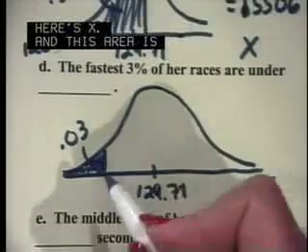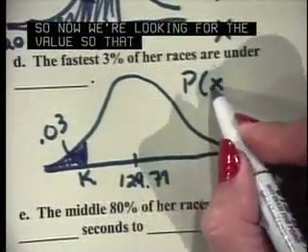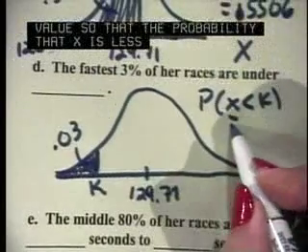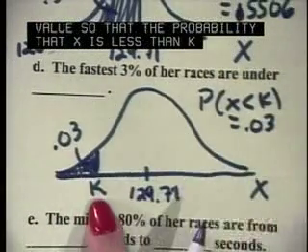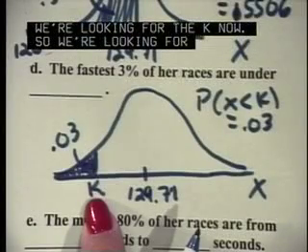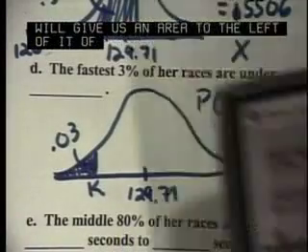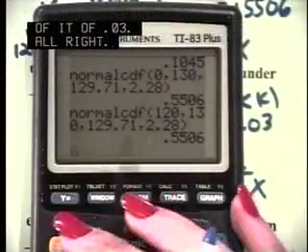So now we're looking for the value so that the probability that x is less than k equals 0.03. We're looking for the k now. So we're looking for what value will give us an area to the left of it of 0.03. All right, let's try this one now.